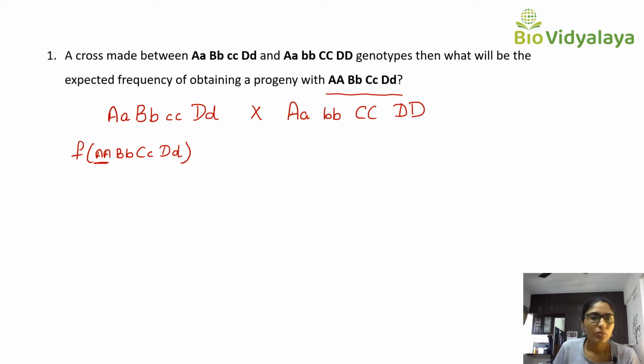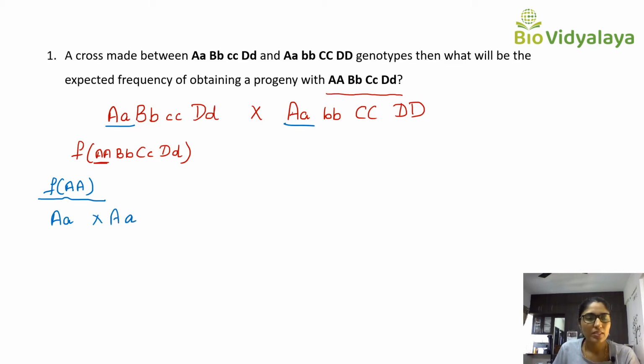Frequency of getting capital A. For that, we have to cross capital A, small a with capital A, small a.